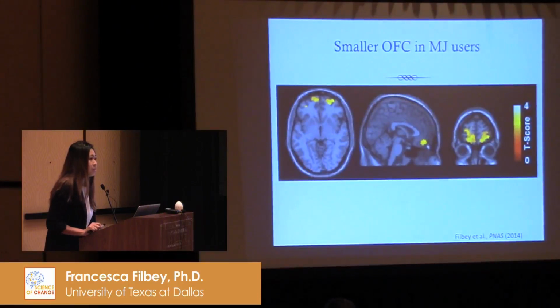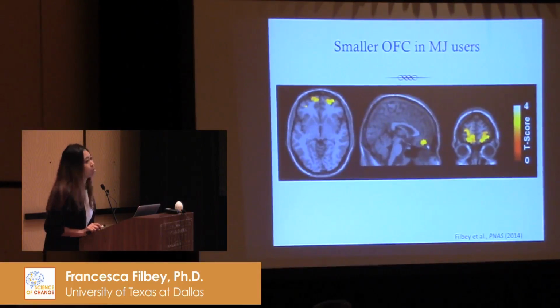And most of what I'll show you is on marijuana users, a population of daily users who've been using for at least 7 years. Their mean age is about mid-20s. In this study, what we wanted to do was to determine whether there were structural differences between chronic users compared to non-using controls.